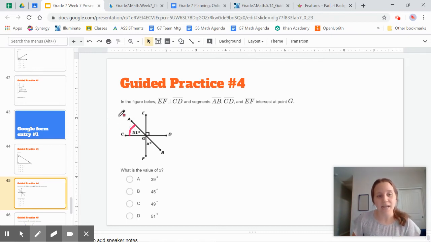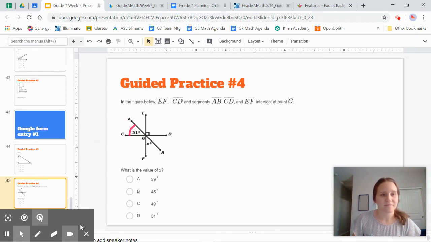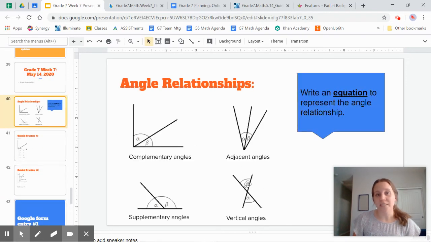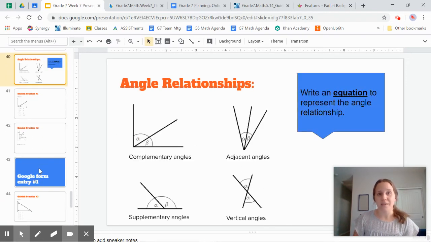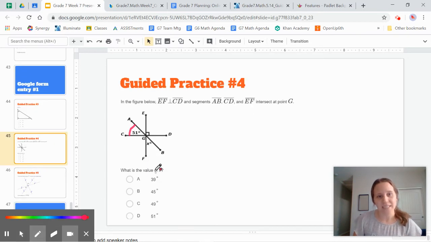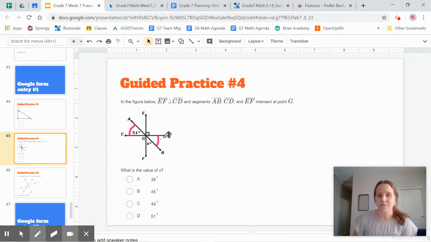Can you find what angle is vertical to this angle? Remember that vertical angles are opposite of each other and they are congruent. Yes, the angle that's vertical to this one or opposite is right here. This angle is 51 degrees. Angle DGB is 51 degrees.